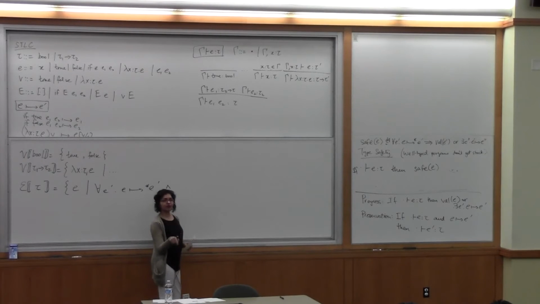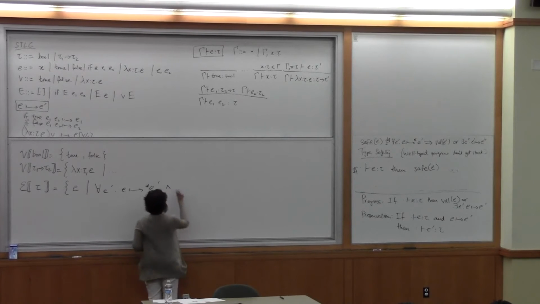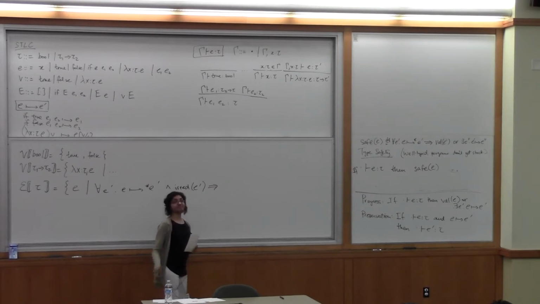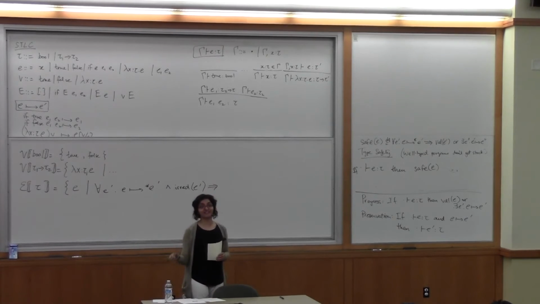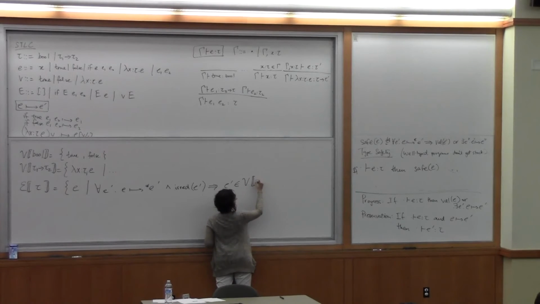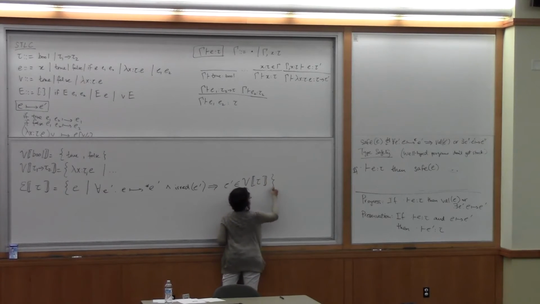Now we don't know why it can't take another step. Maybe it's a value, which is good. Maybe it's stuck, which is bad. So what we want to say is that if you reach some E prime and that E prime happens to be irreducible, then this is going to be one of the good situations. It's going to be a value. So the E prime must belong to the good values that we have of type tau.